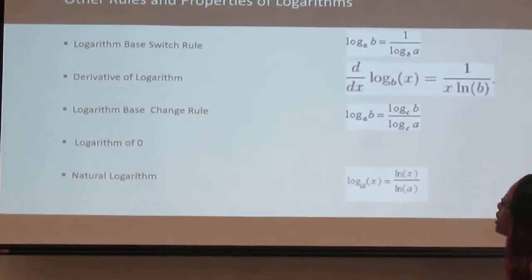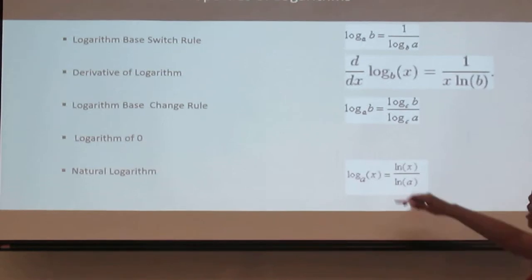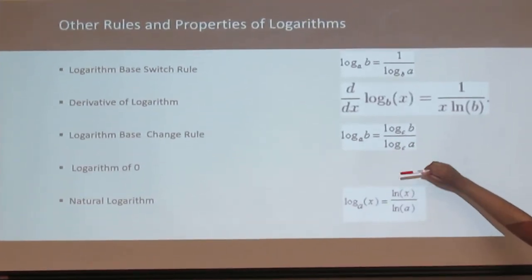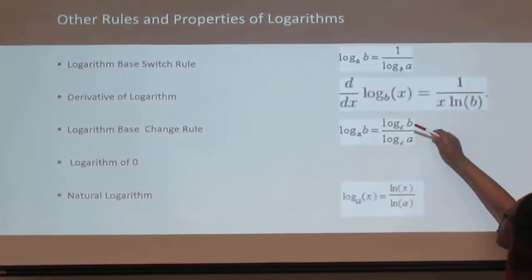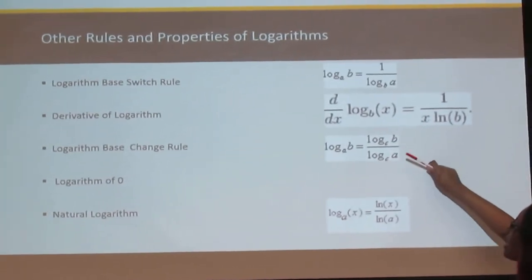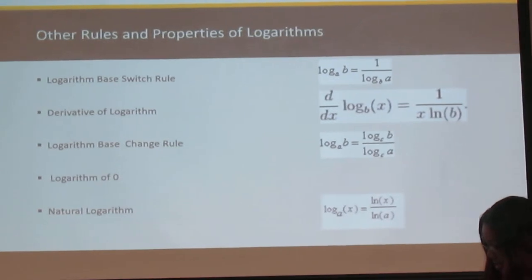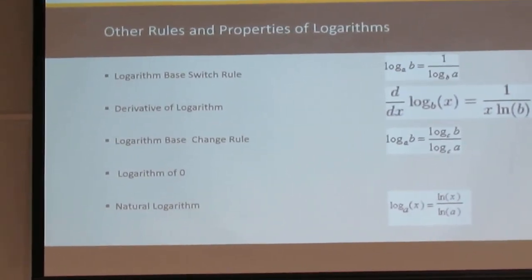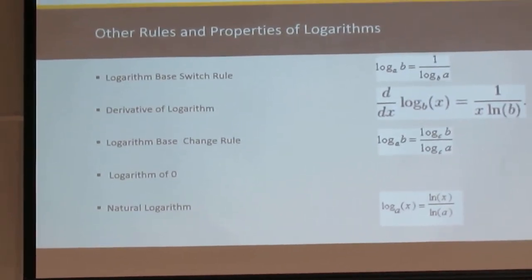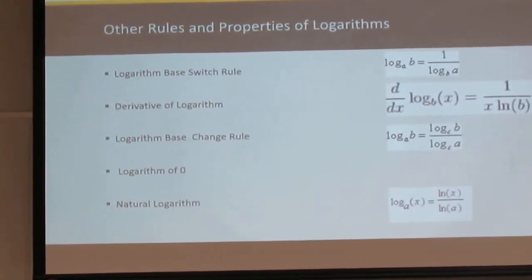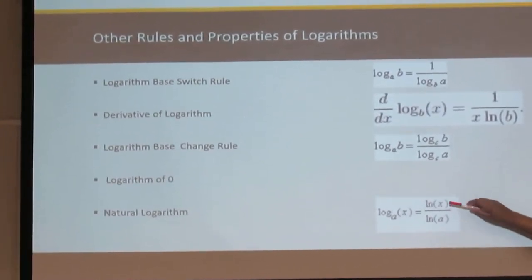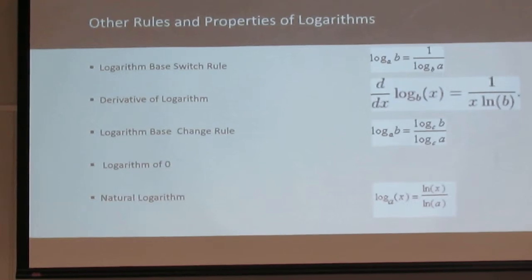The logarithm base change rule states log base a of b equals log base c of b divided by log base c of a. And the natural log states log base a of x equals the natural log of x over the natural log of a.